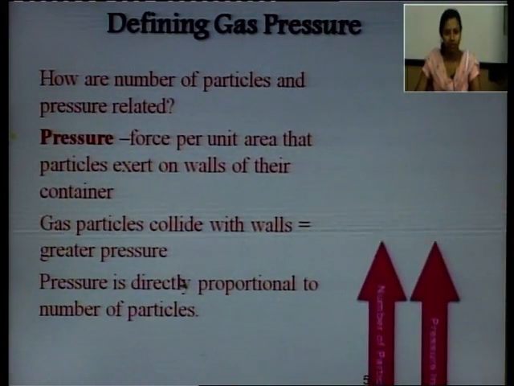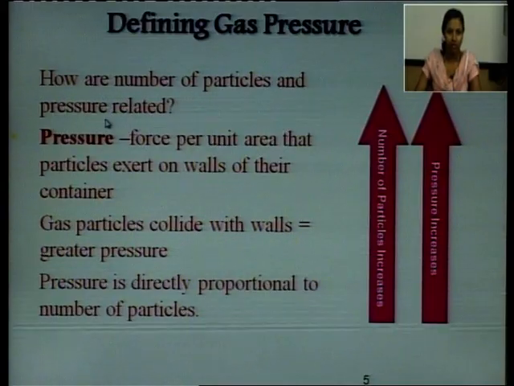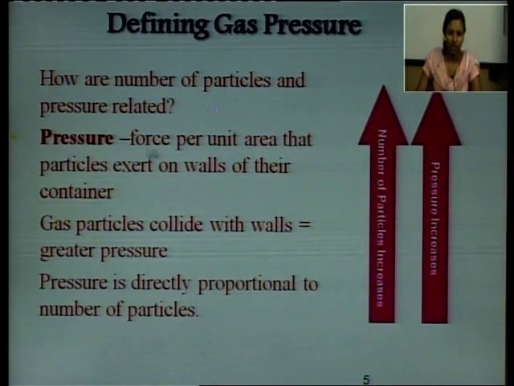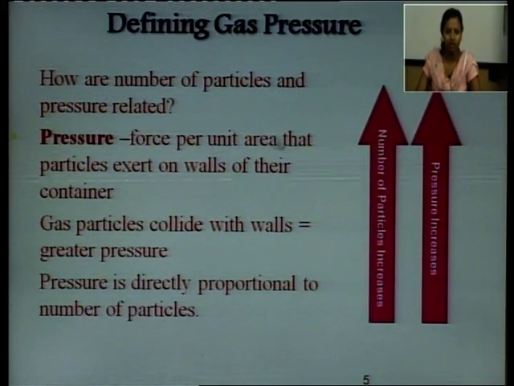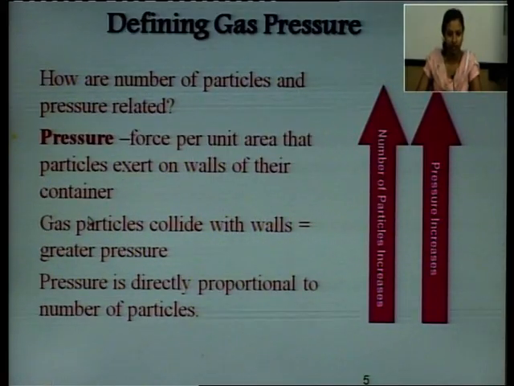So, next we define gas pressure. How are the number of particles and pressure related to each other? Pressure, we already know, is the force per unit area that particles exert on the walls of the container. Gas particles collide with the walls.